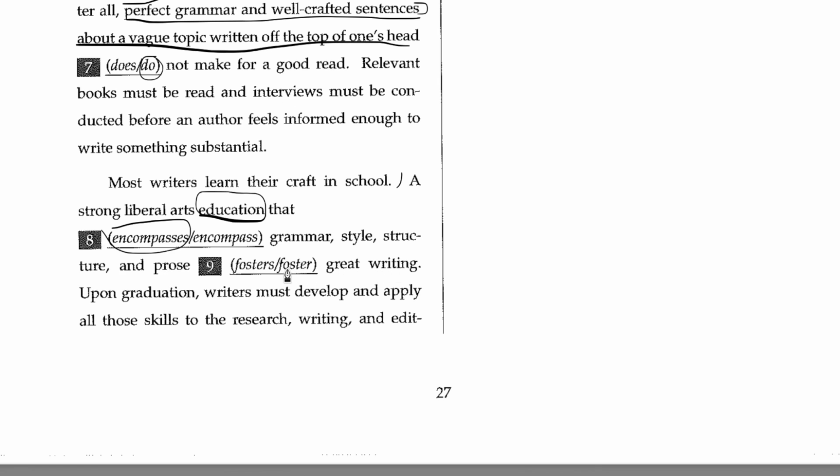So, who fosters? Is it grammar, style, structure, and prose, or is it education? If you remember, guys, I said you need to cross out any extra information. And here, I have a relative clause starting from that. So that encompasses grammar, style, structure, and prose. Fosters. So my subject is the same. My subject is education. So education here is the subject for encompasses and the subject for fosters, because education is a singular subject.